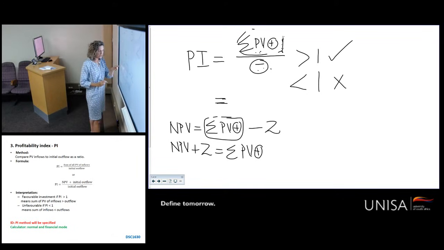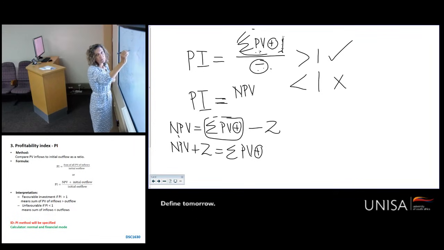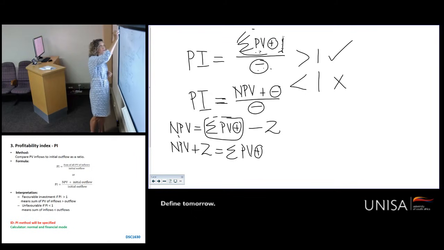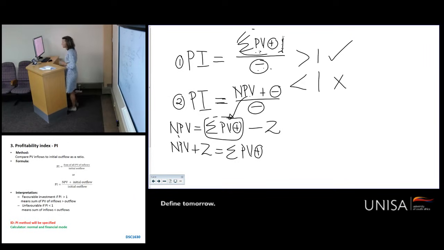So instead of having that, we can also write the PI as the net present value plus our initial outflow, divided by the initial outflow. Right, so there are two formulas for the profitability index, and this one just comes from the formula of your net present value. You can use either one of the two depending on what was given to you. You can use whatever method you want to use.